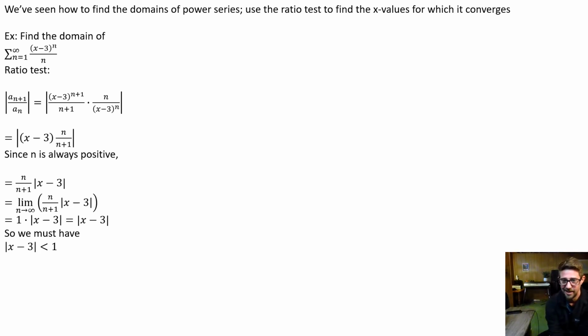Whatever this limit is, it has to be less than 1. So we've simplified everything. We found the limit. It's just absolute value of x minus 3. And now we have to figure out for what values of x is the absolute value of x minus 3 less than 1. So this is kind of algebra. For the absolute value of something to be less than 1, that means that the something has to be between -1 and 1.